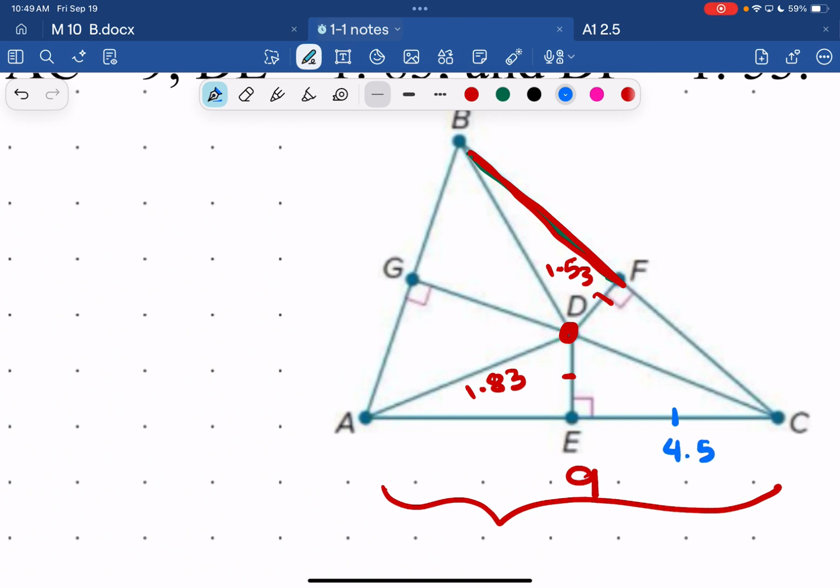Good. So he told us that EC is equal to 4.5. Do you all agree with that? Yes? Now you have DE 1.83, you have EC 4.5. Who is going to tell me how we are going to find CD? We are going to find CD using?